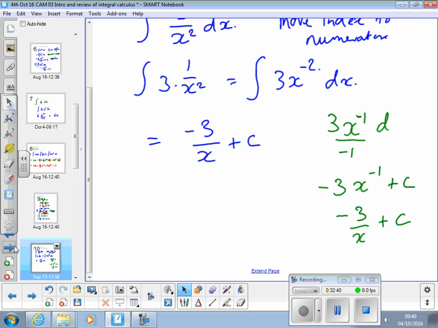If you were asked to do that in an examination, which you're not going to be asked to do something as easy as that, but a question might contain a little bit of that type of integration, then you're going to get the same mark for that answer as for that answer. And probably credit for showing the steps in between as well, should you have got the final answer wrong but got some of the working right.